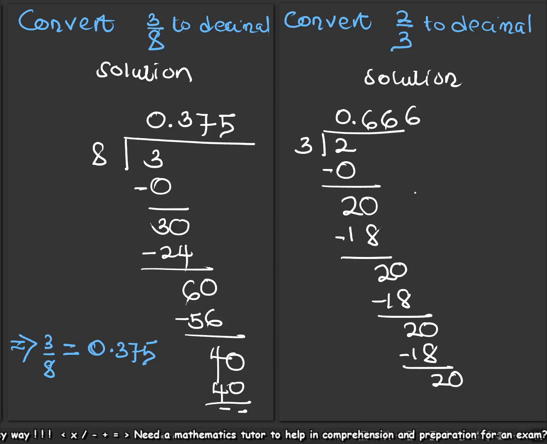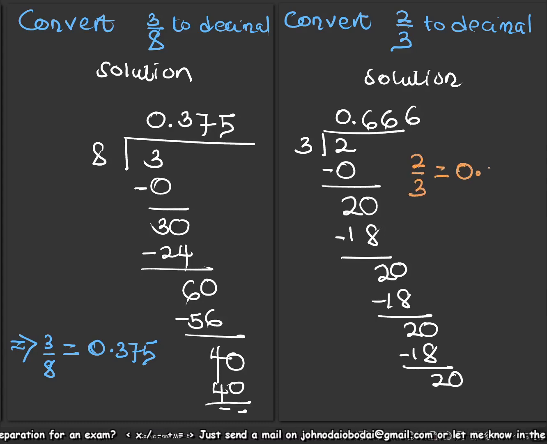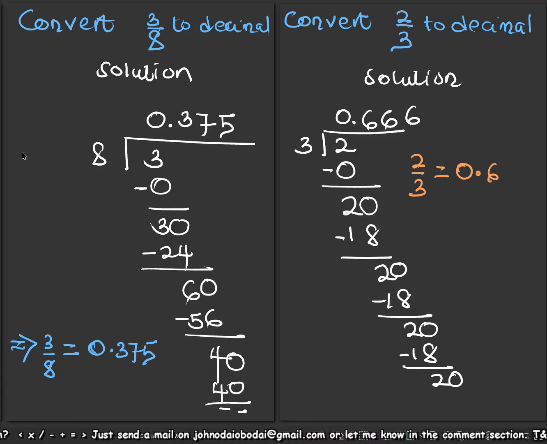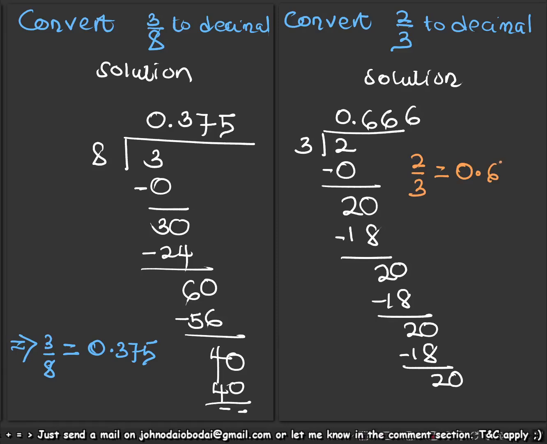Now since we don't want that to happen, if you see that the decimal is recurring, all you do is say your 2 over 3 is equal to 0.6, and then you put this symbol on top to show that it is recurring.